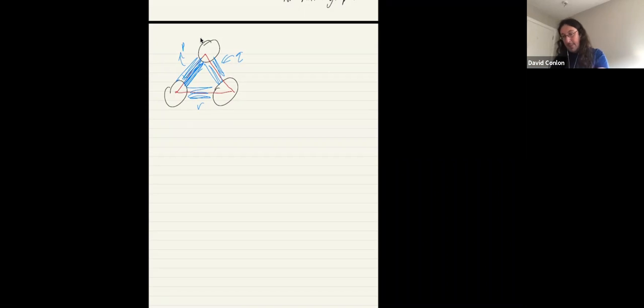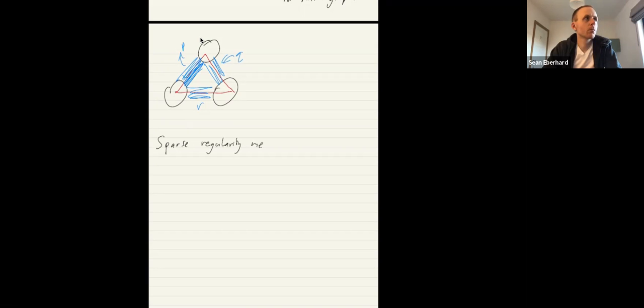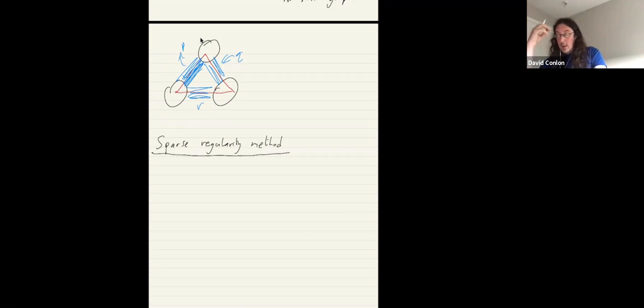Okay. But what I want to talk about today is a theme that's been studied a lot in recent years, which is sparse regularity theorems, or the sparse regularity method. So regularity methods, as applied, tend to say things about very dense graphs.